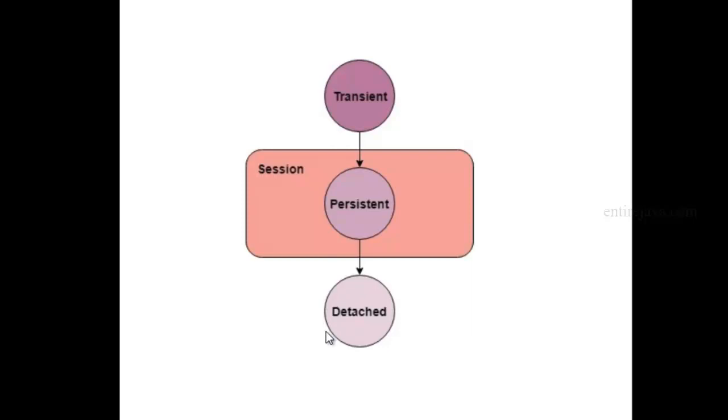This object does not have any representation of a table row. So whatever changes you make in the transient object or on the detached object will not get reflected into the database. Only when you make changes to the persistent object will Hibernate take care of mapping it with the table row in the database. It's as simple as that.